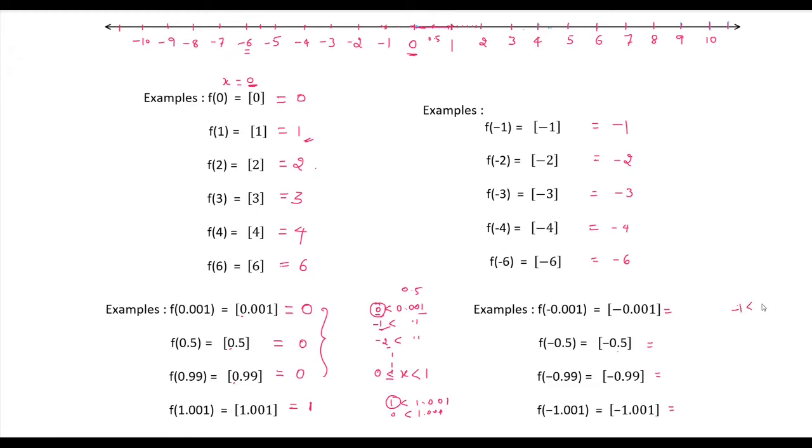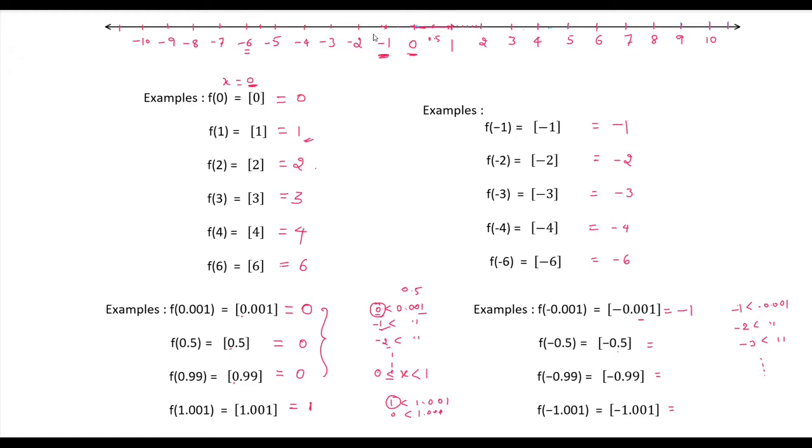Minus 1 is less than minus 0.001. Minus 2 is also less, right? Minus 2, minus 3 and so on. There are so many integral values which are less than minus 0.001. Out of this, which is the greatest? Minus 1 is the greatest. So the answer is minus 1.